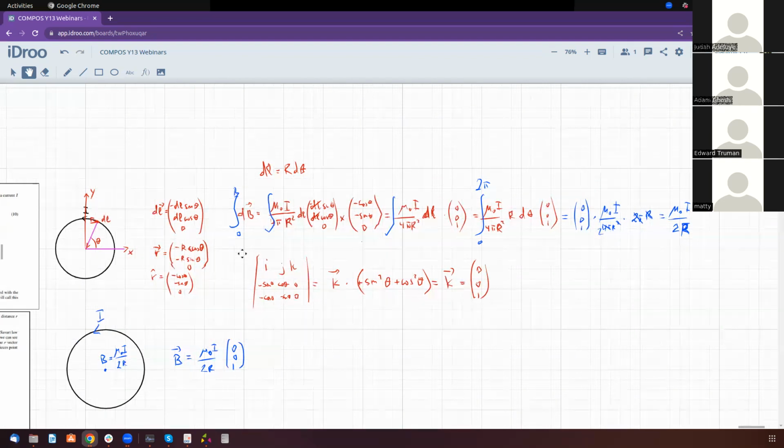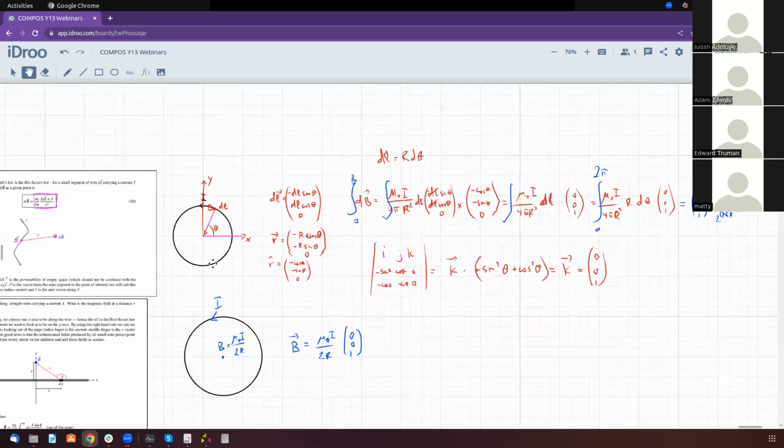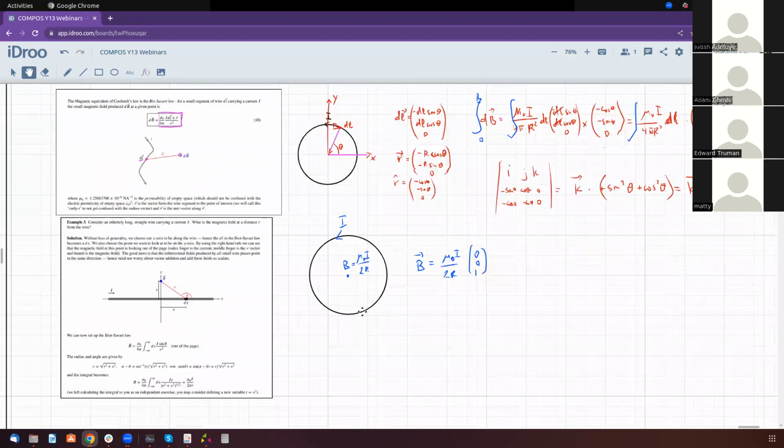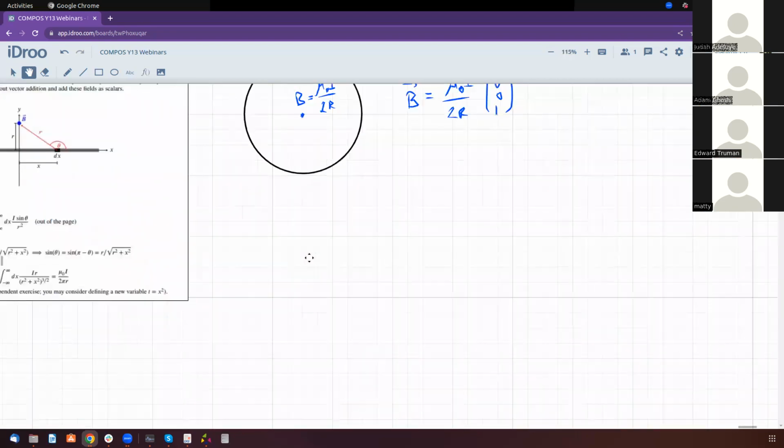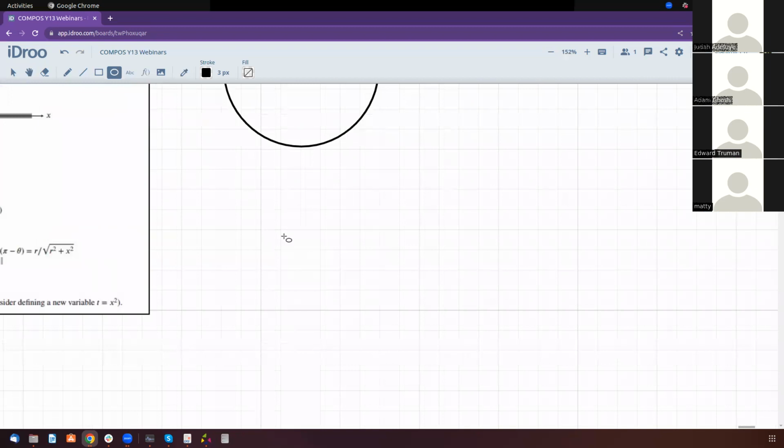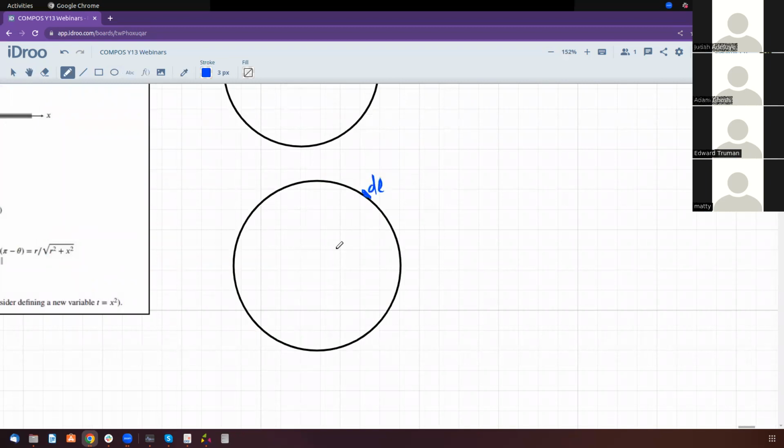So yeah, as long as you're comfortable with the vector product, yeah. But you can do it way easier. You can say, okay, there's a circle, and there's a small section of wire dl, and then the distance is r. But we know that the current is always perpendicular to r.